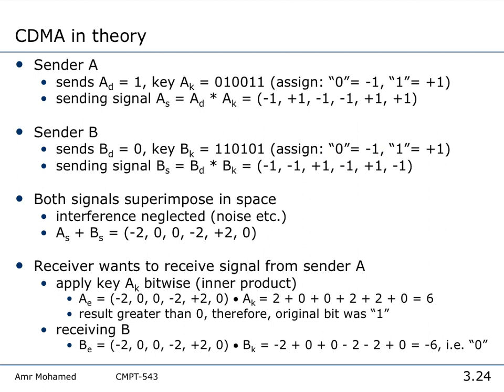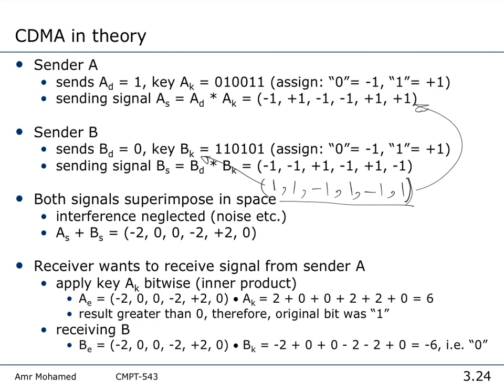So the actual code is 1, 1, -1, 1, -1, 1. This is BK. If you multiply BK by this, the answer should be 0.